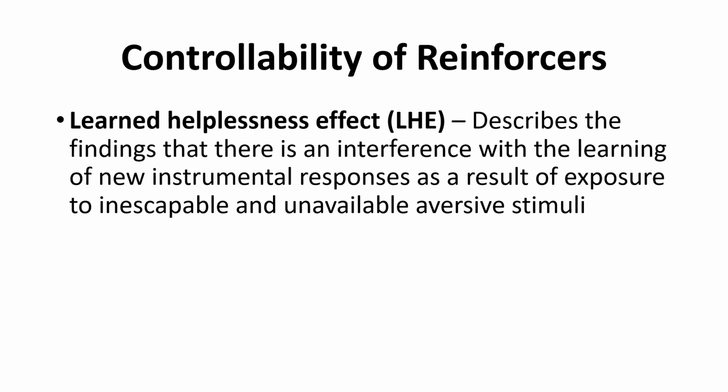But what the learned helplessness effect says is that if we take away that aspect of control, even though the light still reliably predicts the arrival of that loud aversive sound, they're not going to learn the relationship between the light and the aversive stimulus because it doesn't matter. It doesn't help them any way, shape, or form.